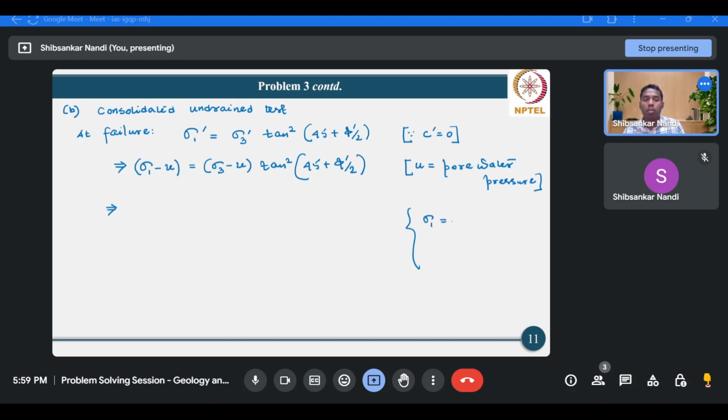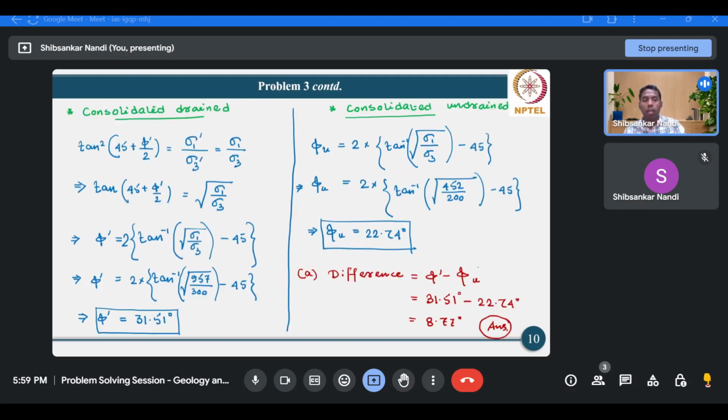So, sigma 1 is nothing but 452 kPa. Your sigma 3 is 200 kPa. And what about the phi prime? It's 31.51 degree.